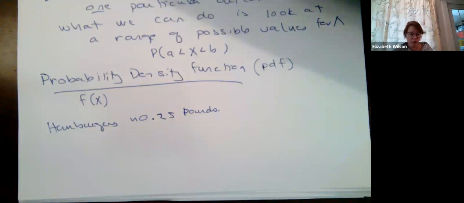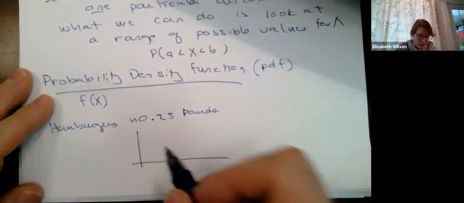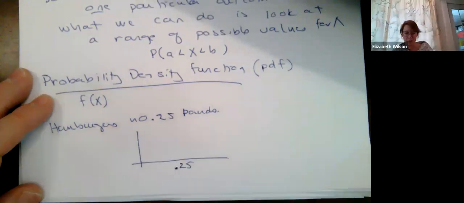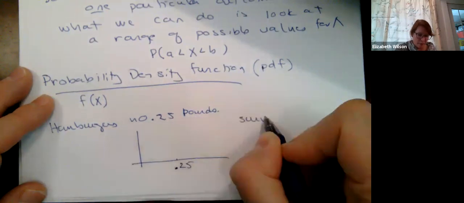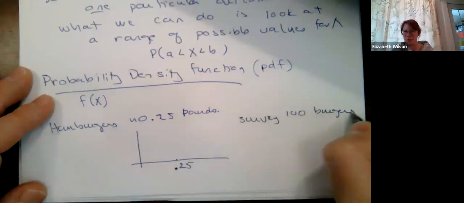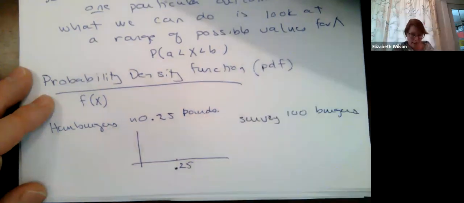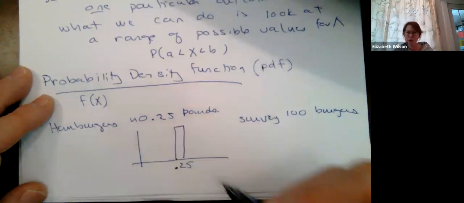So I'm going to take a look at, I can build up some kind of a shape. They're claiming that all of the hamburgers are about 0.25. So if I take a random sample of 100 burgers and weigh them, I'll find that most of them sit around 0.25.